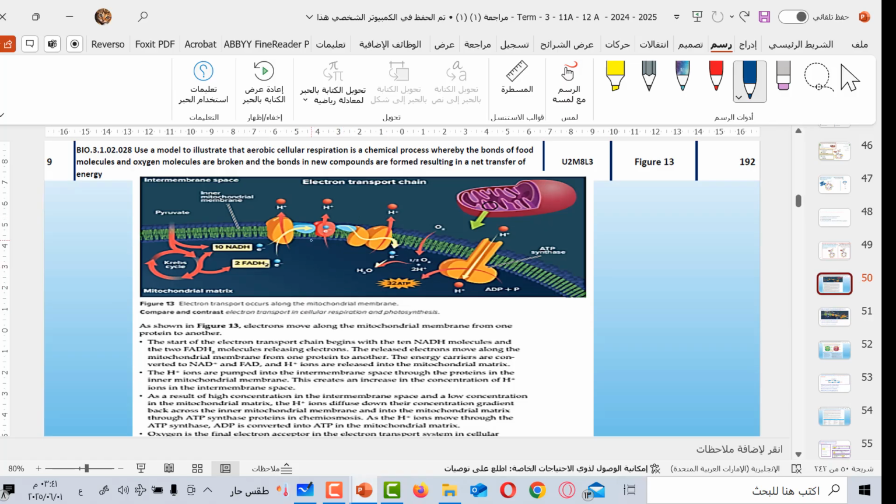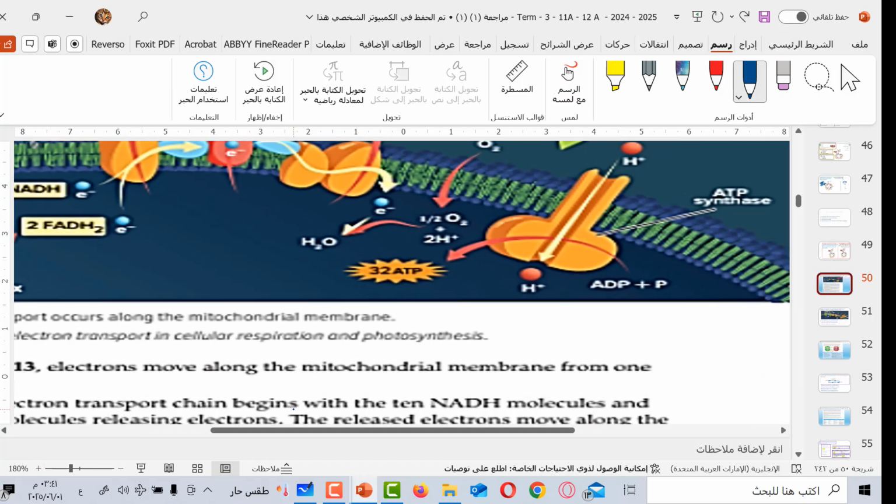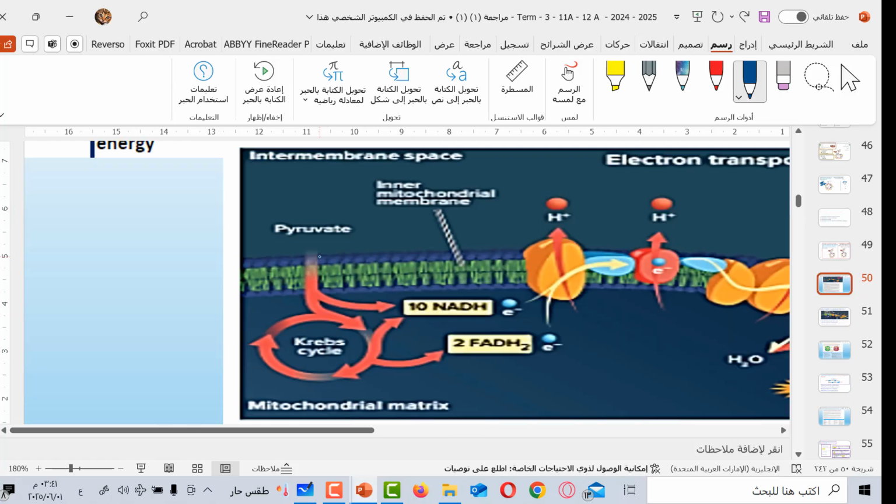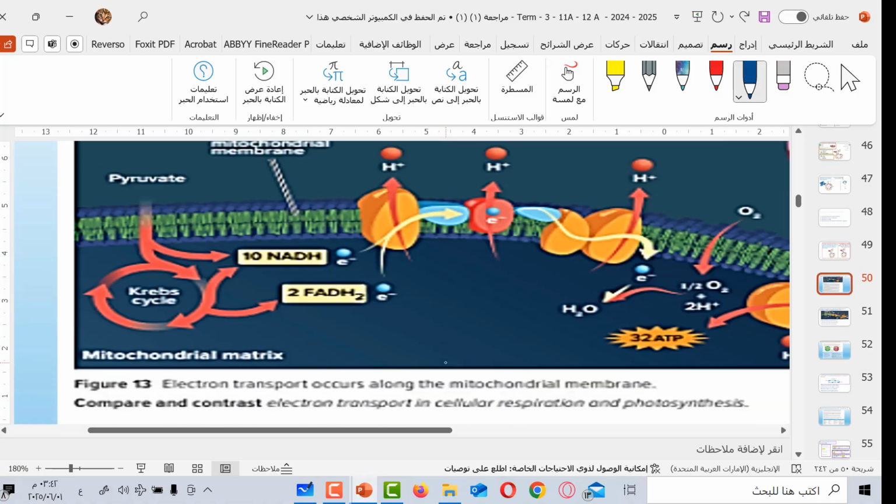Here in Krebs, sorry, in the electron transport chain reaction in mitochondria, it happens in the inner membrane of the mitochondria. This is the inner mitochondrial membrane, this is the space between the outer and the inner, and this is called the mitochondrial matrix.